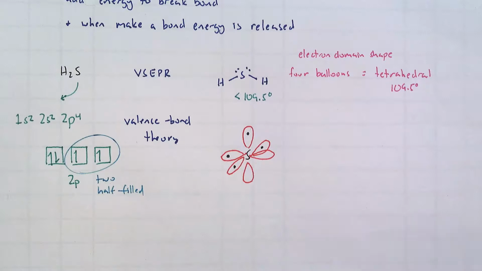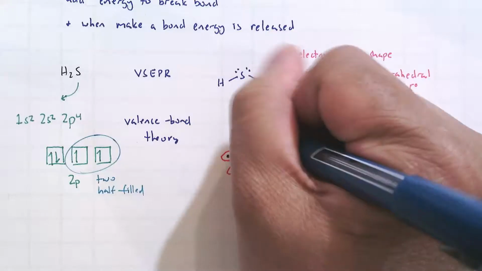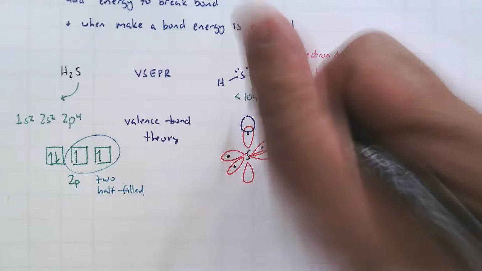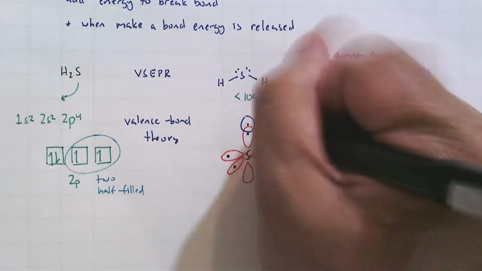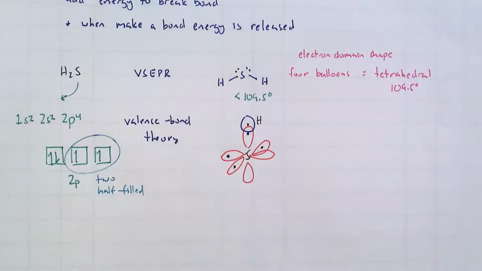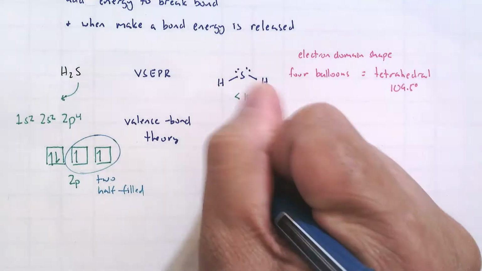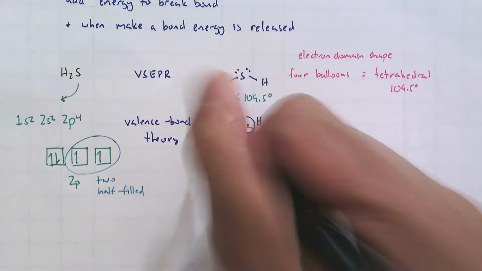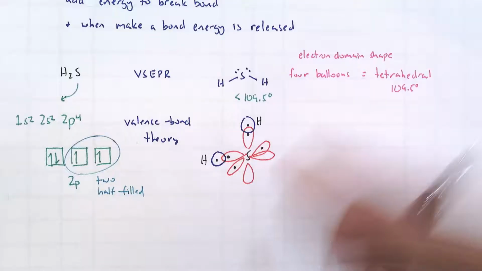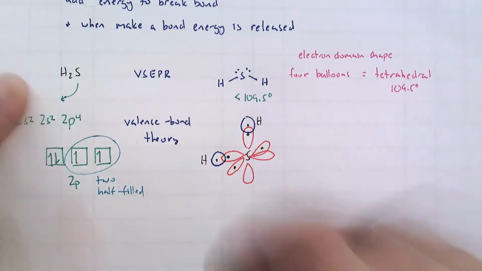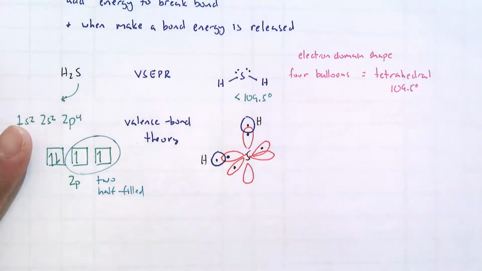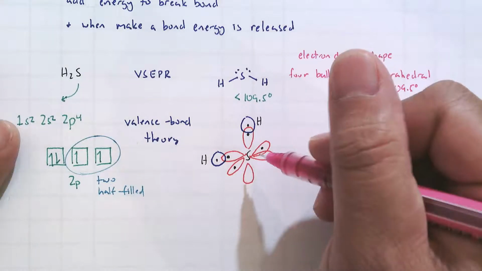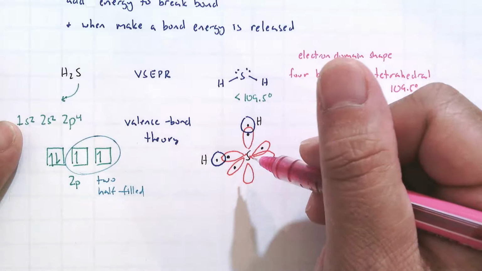So when we bring the hydrogen here, there's your sigma bond between the hydrogen and the sulfur, 2 electrons. And here we have the second hydrogen, 2 electrons. That's H2S, looking at the cartoon of the orbitals. The thing is, I said before that the p orbitals are all perpendicular to each other.